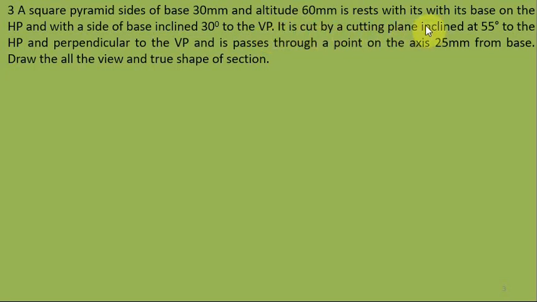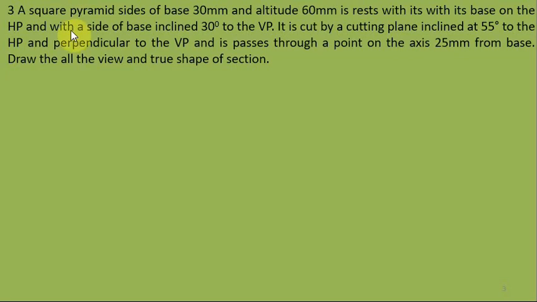It is cut by a cutting plane inclined 55 degrees to the HP and perpendicular to VP, and it passes through a point on the axis 25 mm from base. Draw all the views and true shape of the section.